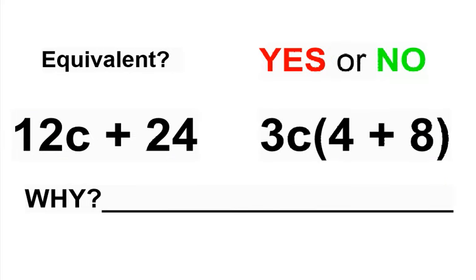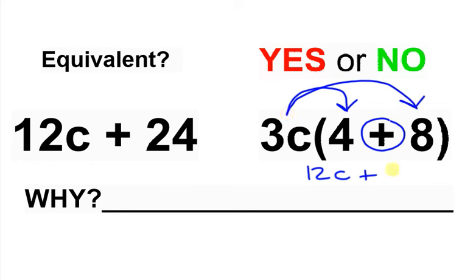All right, let's try another one here. So we have 12c + 24, and 3c(4 + 8). So let's see, can we simplify this anymore? No, because there's a c here, but no c here. What about this one? Well, it looks like we have the distributive property. So what is 3c times 4? 12c. Bring down my operation. What is 3c times 8? 24c. Now these are like terms, c and c.